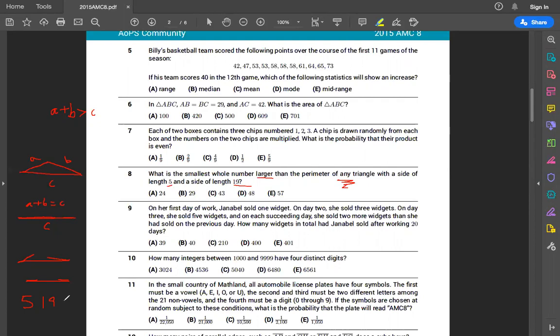So the longest the last side could be is like 23.99999, repeating forever. Basically just under 24. So if we add up all of these, we would get 47.99, and so on. So the smallest whole number larger than that would be 48.